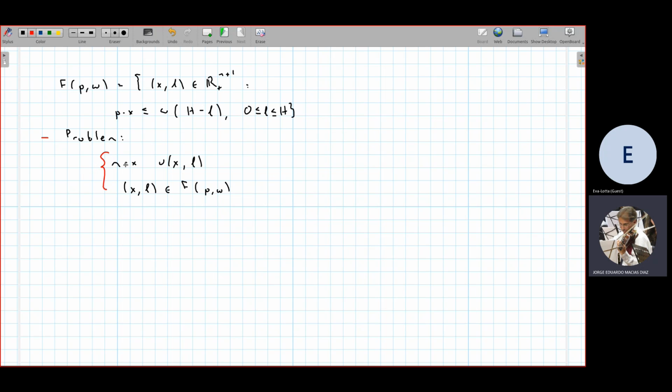Okay, so this is the consumption leisure choice problem. And as you can see, once more, this is a parameter dependent optimization problem.